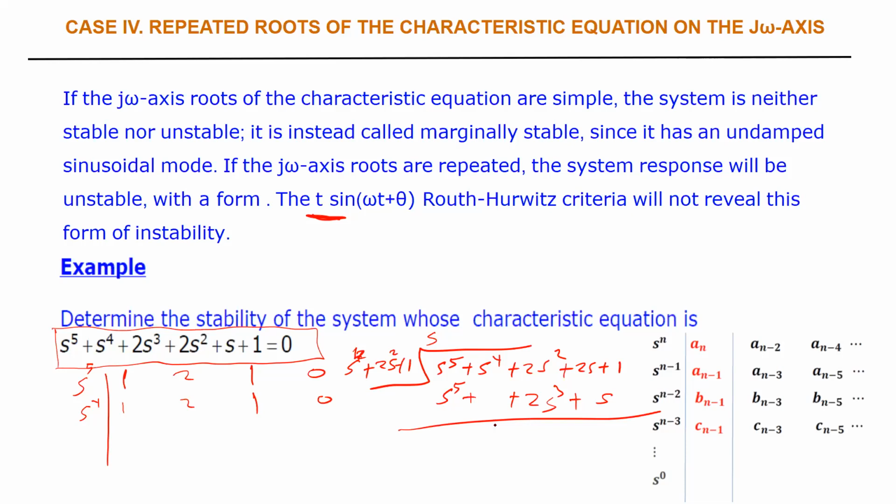S to the 4 plus 2s, minus 2s cubed. This s cubed will go. This is s cubed, and this is 2s plus s. Here s plus 1, the characteristic equation.